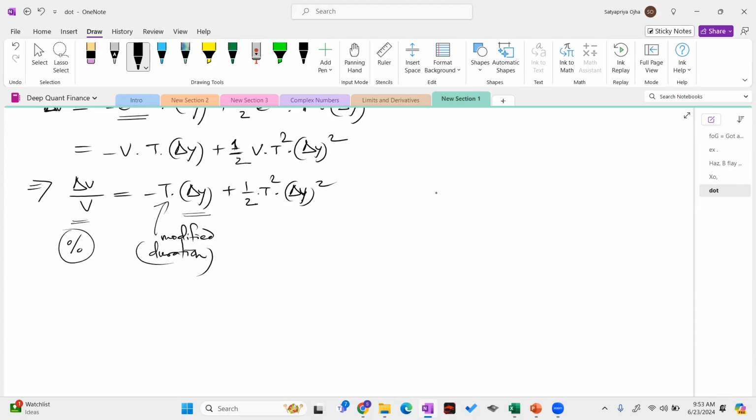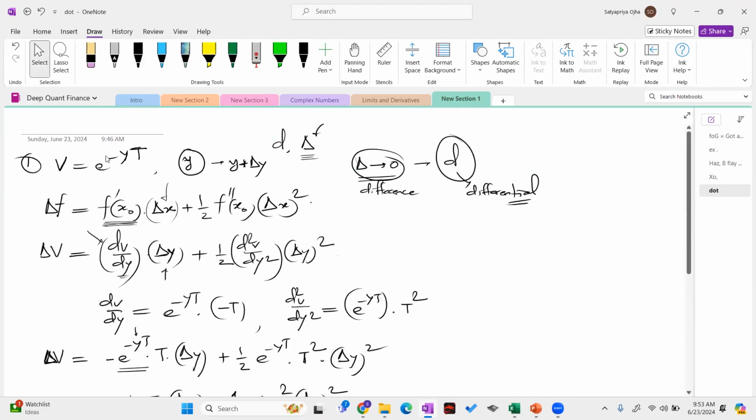That is called duration. In case of a zero coupon bond, there is only one payment, and that is happening at maturity. So the plain duration of a zero coupon bond is T, time to maturity. And the same one comes here as well. In the second example, we'll see that the term that comes here is a modified version of the duration. But please remember this: what kind of compounding is this, if I'm using this formula?